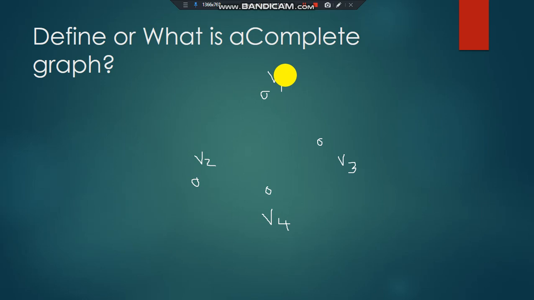Now I take this vertex and join with all other vertices V2, V4 and V3.